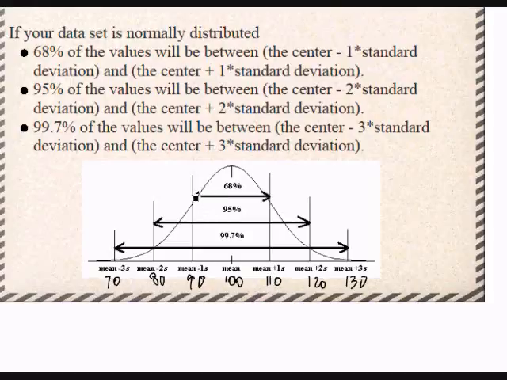So that's this 68%. My mean was 100, my standard deviation was 10. I'm thinking IQ scores actually. 68% of these values are between 90 and 110.